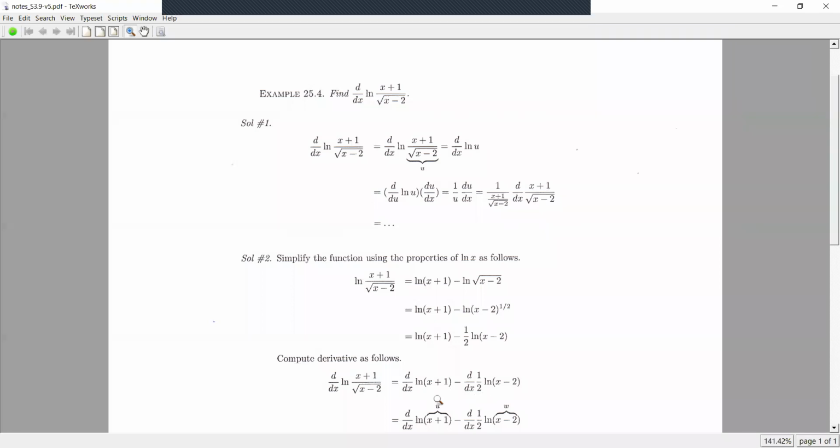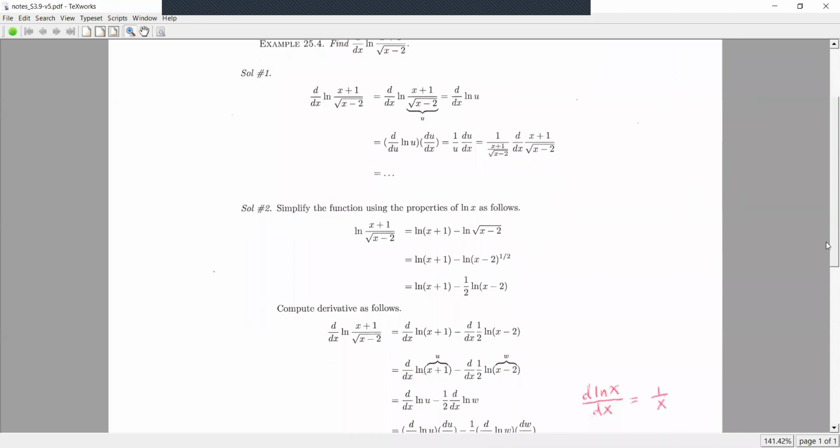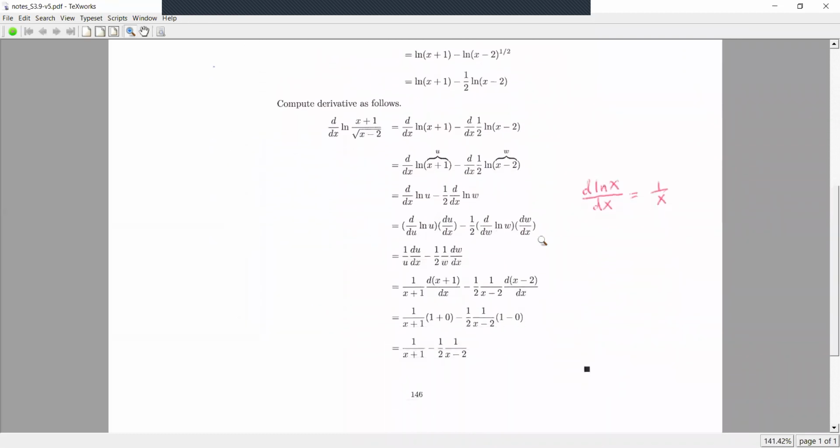To compute these two derivatives, I apply the chain rule. I let u be x plus 1, w be x minus 2. Then I have this equation. Now I apply the chain rule to this derivative and to this derivative.